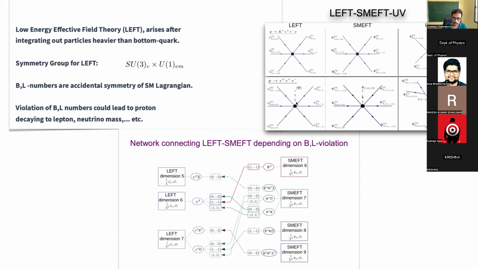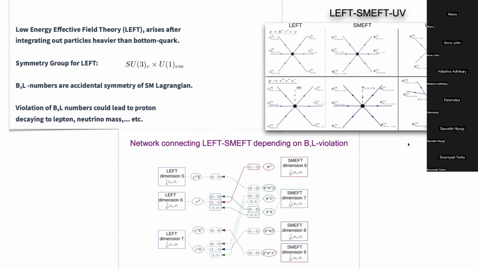But you can also look into some rare processes and propose new interesting signatures. And not only that, based on the effective field theory, by unfolding the operator, you can think of the minimal extensions of the standard model which lead to those interesting signatures.